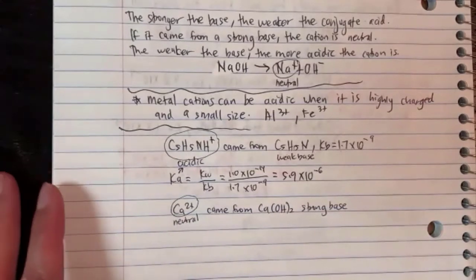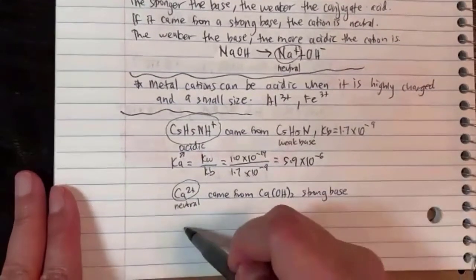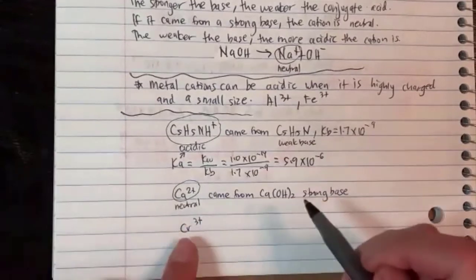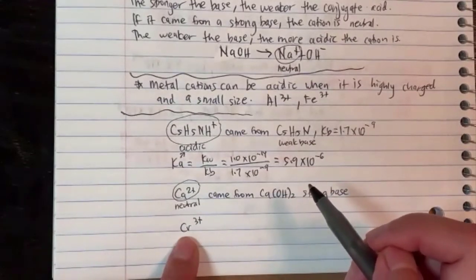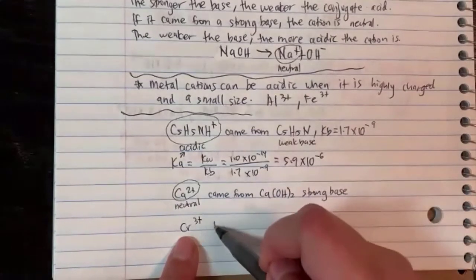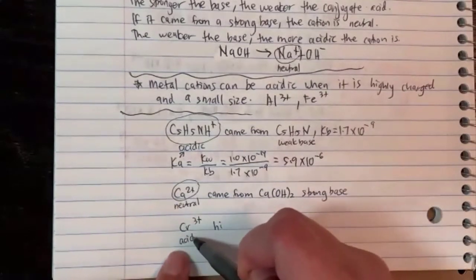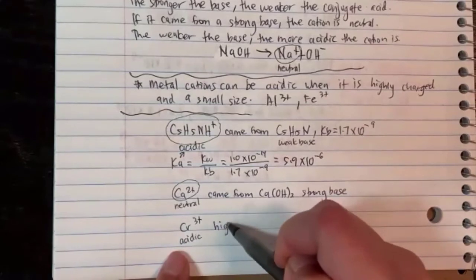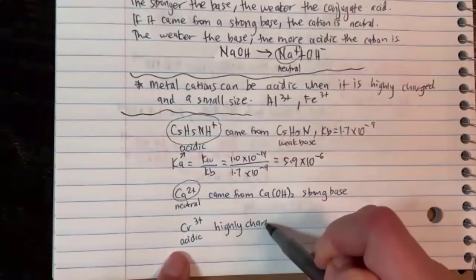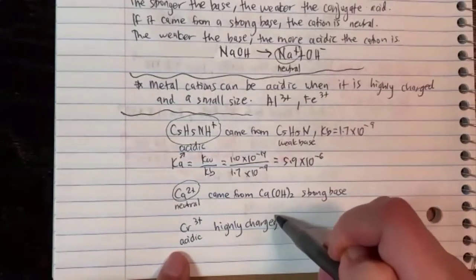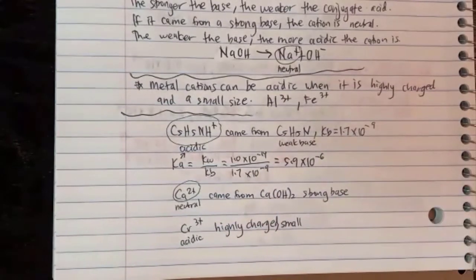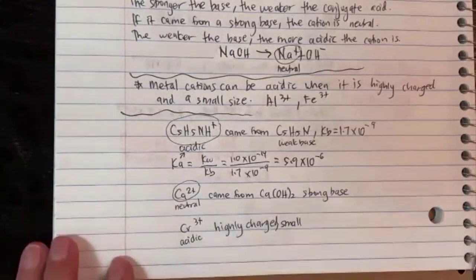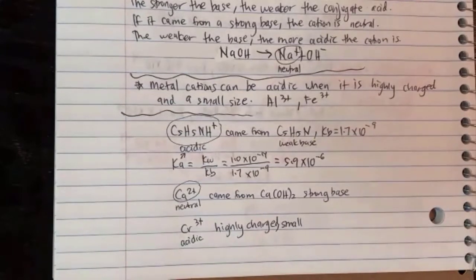Okay, and then what if we have chromium 3+? Chromium is a small cation and it's highly charged, so it's acidic. And it's pretty small on the periodic table. It's high up there. So that one's acidic.